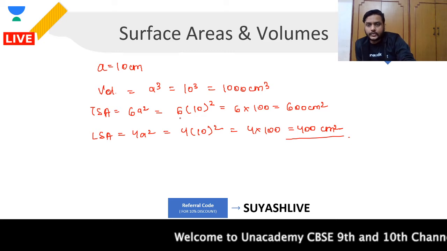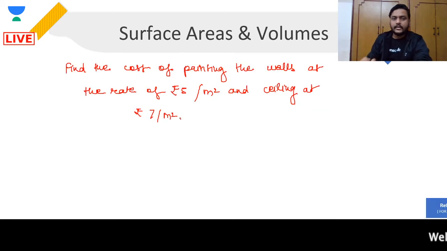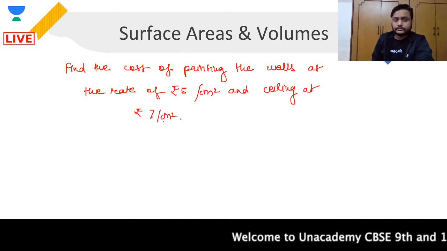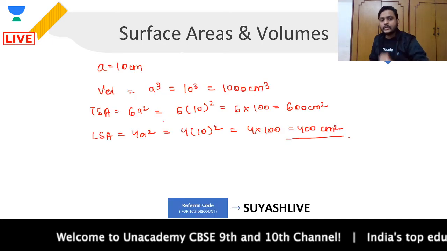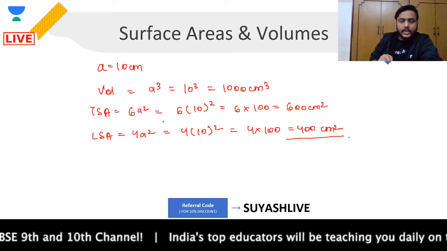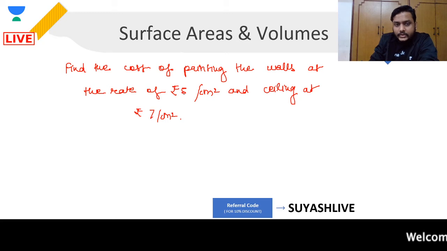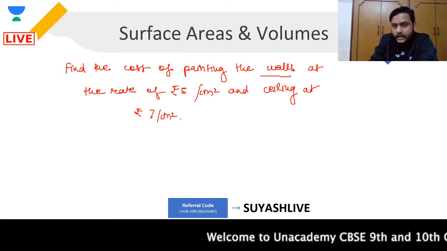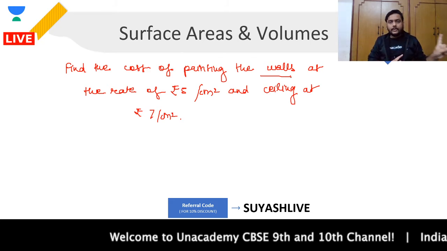So if you focus over here, guys, right now you can see that my question is what? Let's make it centimeter, okay? Now if you see, my question over here is that I want to find the cost. In order to find out the cost, you need to see that the painting is being done on the walls. Now, how many walls do we have?